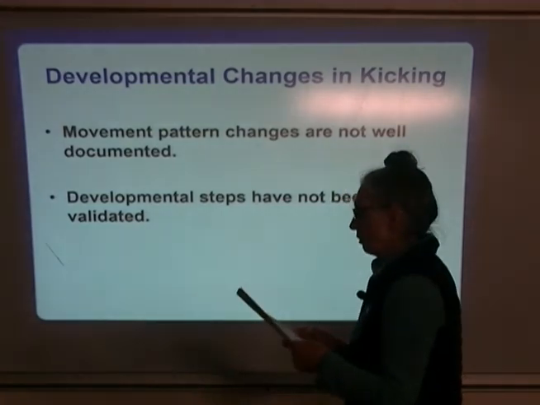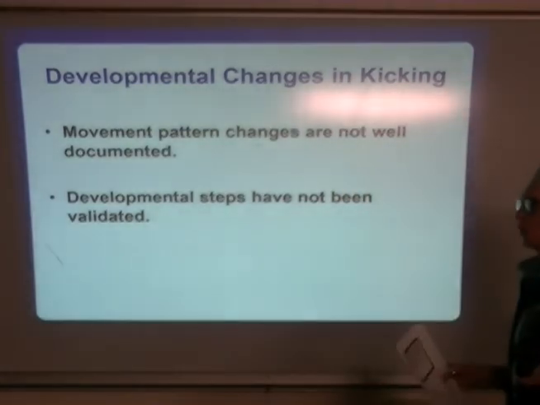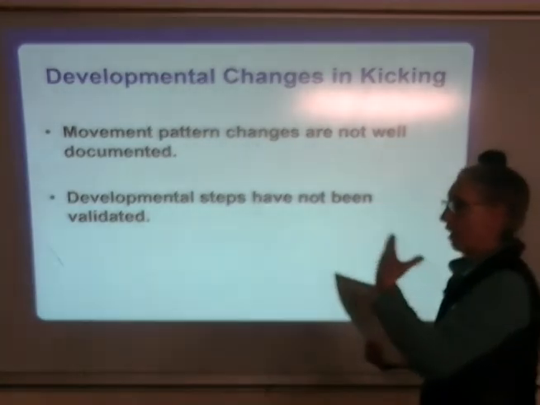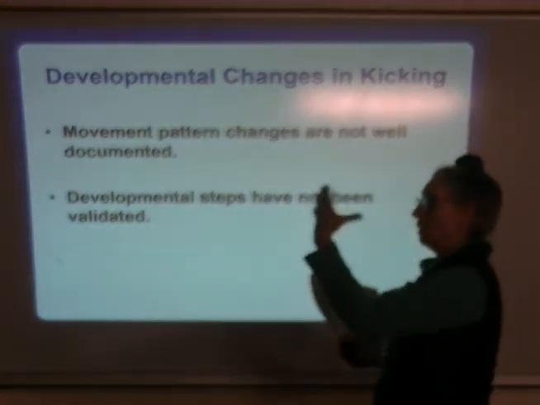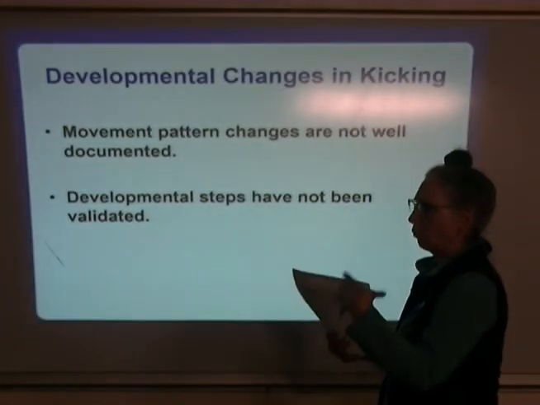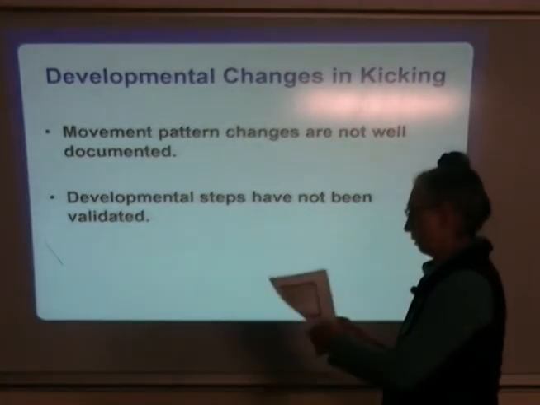Right? So the developmental sequence and things in the book, they're not validated, they're hypothesized. This is what we would expect given what we know about biomechanics and what we know about skill development.